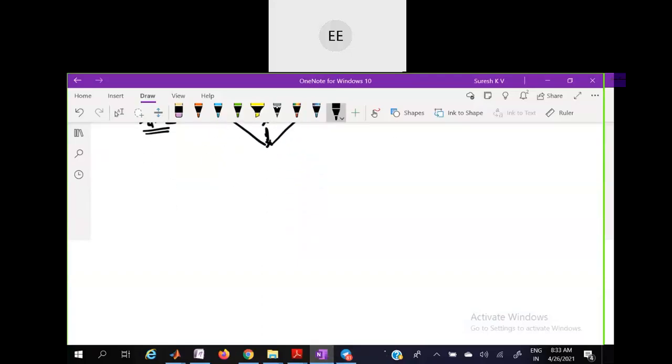I will just take a pixel, say 1 comma 1, and I want to find the d8 distance between it and a pixel, say 2 comma 2.